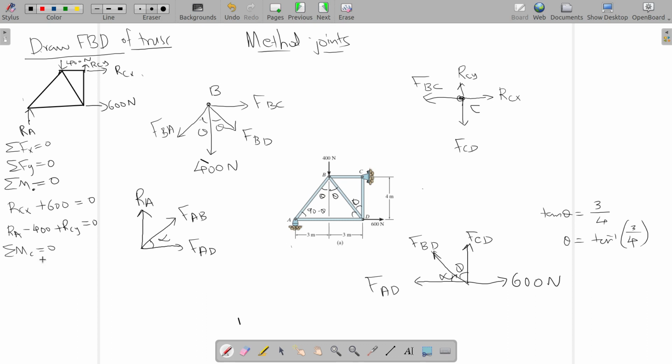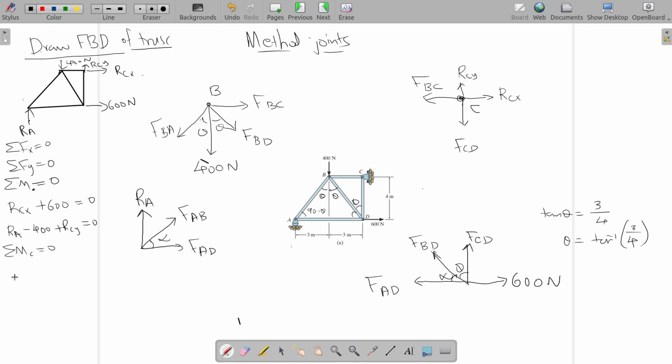The perpendicular distance between line of action of RCY and point C is 0. So RCY multiplied by 0. And RCX is also passing through C. So RCX multiplied by the distance between line of action of RCX and point C is 0. So RCX multiplied by 0, that is also gone.